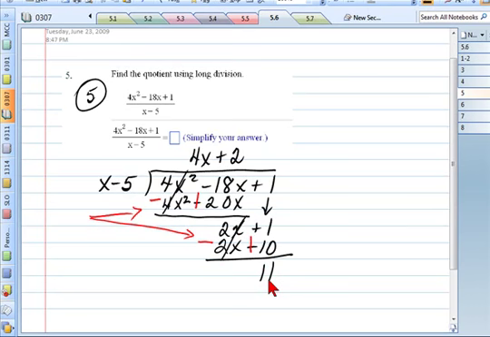Okay, I want to make sure that you know how to write your answer. Your answer is 4x plus 2. Now, whatever the sign of the remainder is, that's the sign you put down next. This 11 is positive, so I'll put plus. Put that 11 over, and what's the divisor? X minus 5.